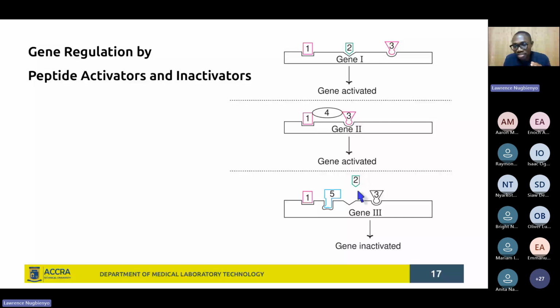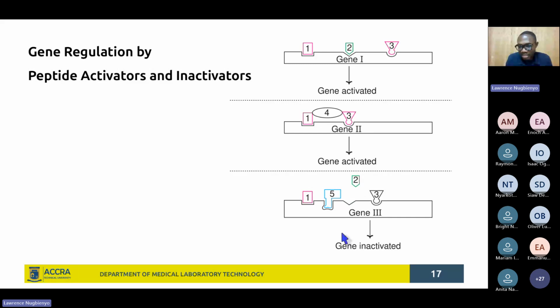So if you look at it like gene number 1, which we are seeing from the top, the same diagram that we are looking at, you can say that where protein number 5 is binding is sort of some allosteric site, just the same way that enzymes behave. And another protein number 5 binds there, and it prevents number 2 from coming to bind.